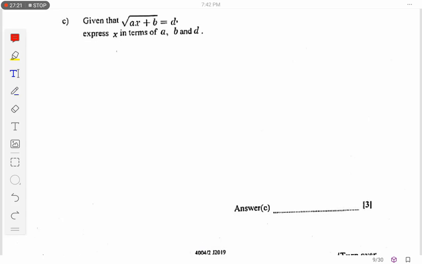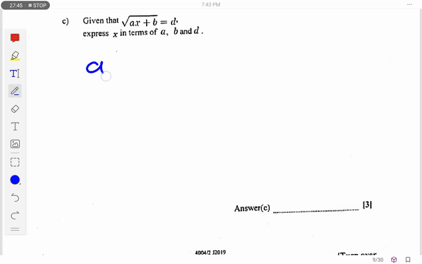This question is now saying make x the subject, express x in terms of a, b, d. So basically we are making x the subject of the formula. First thing we do, we remove this square root sign. The square root sign is the same thing as the power of half.